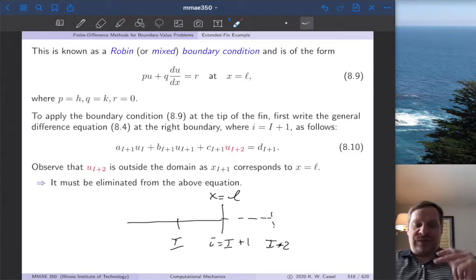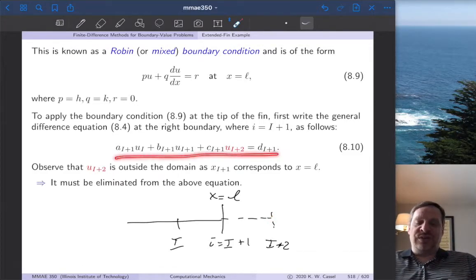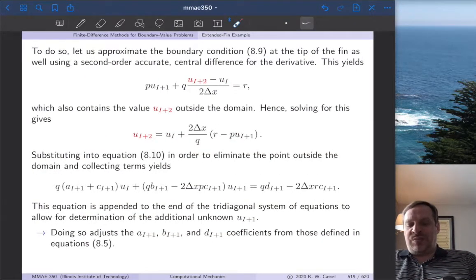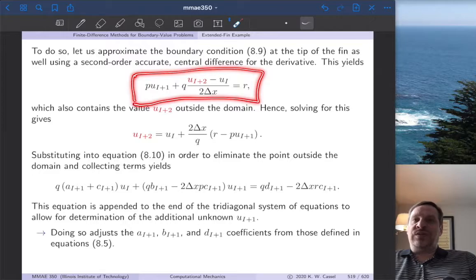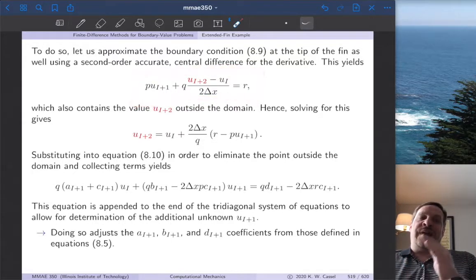To do that is the second step. The first step is to apply the difference equation at the corresponding boundary. The second step is to finite difference the Robin boundary condition, the P u plus Q du/dx equal to R, and apply that at the boundary as well, at the same point, little i equal to capital I plus 1.